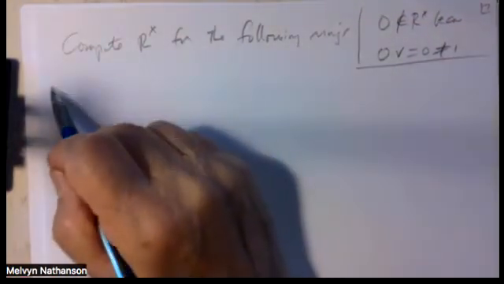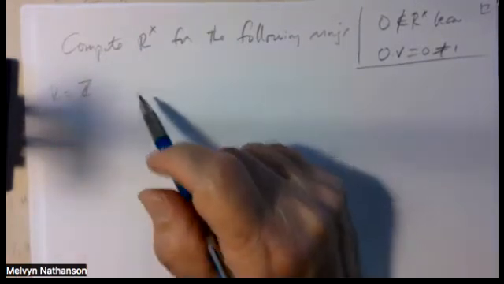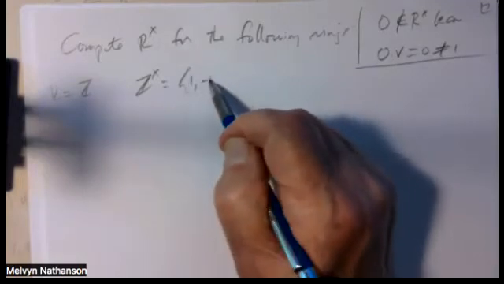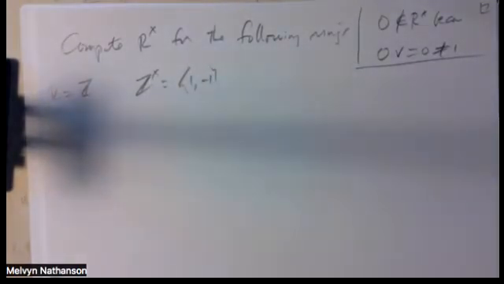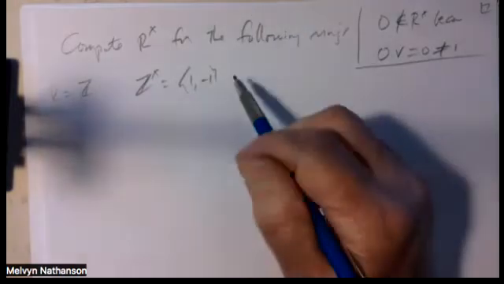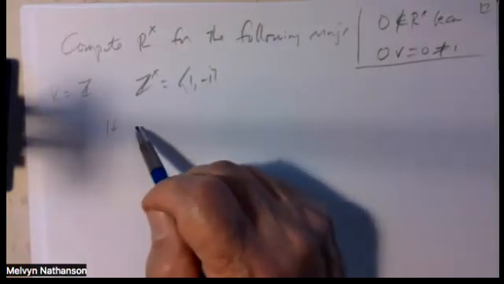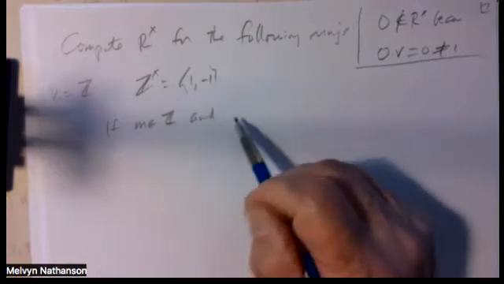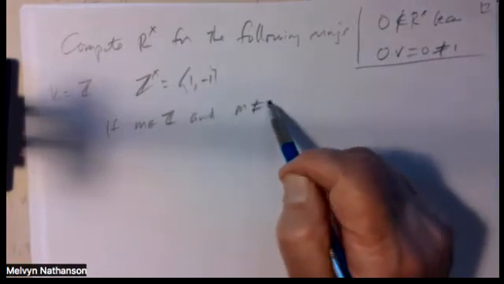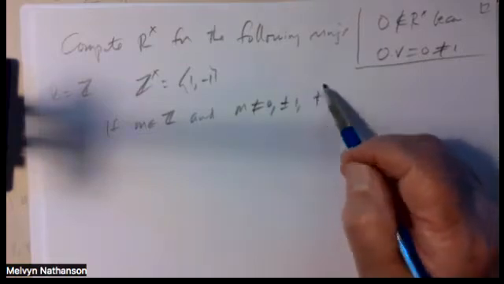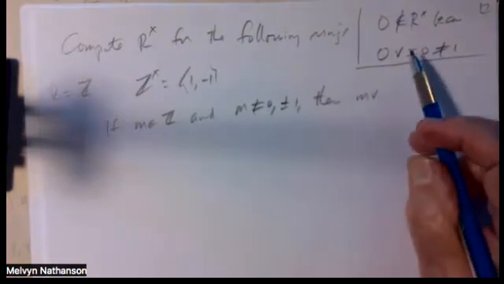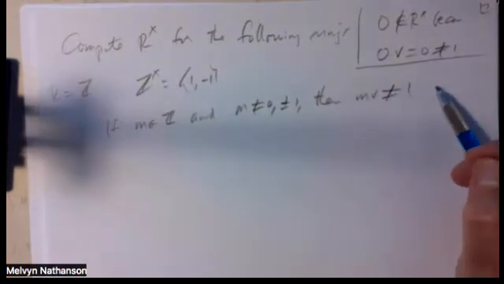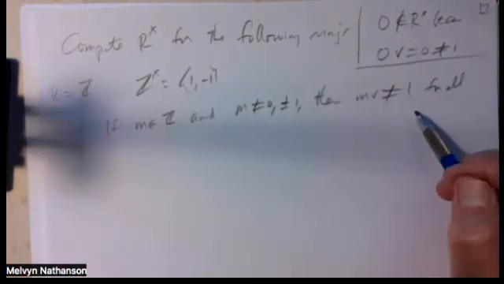Suppose I take the integers. So 1 is a unit and minus 1 is a unit, and that's all there are, right? If m is an integer and m is not equal to 0 or plus or minus 1, then mv is not equal to 1 for every integer v.